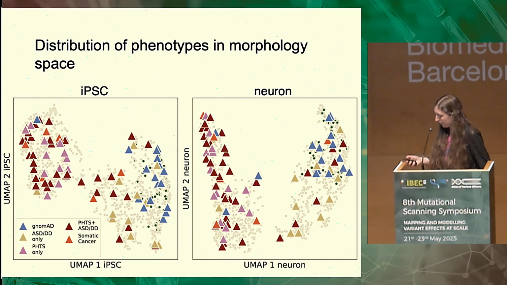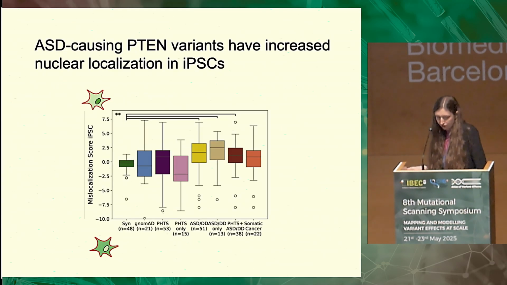So we wanted to look at what other features might explain some of these autism variants, and one of the things that we looked at was the mislocalization score.